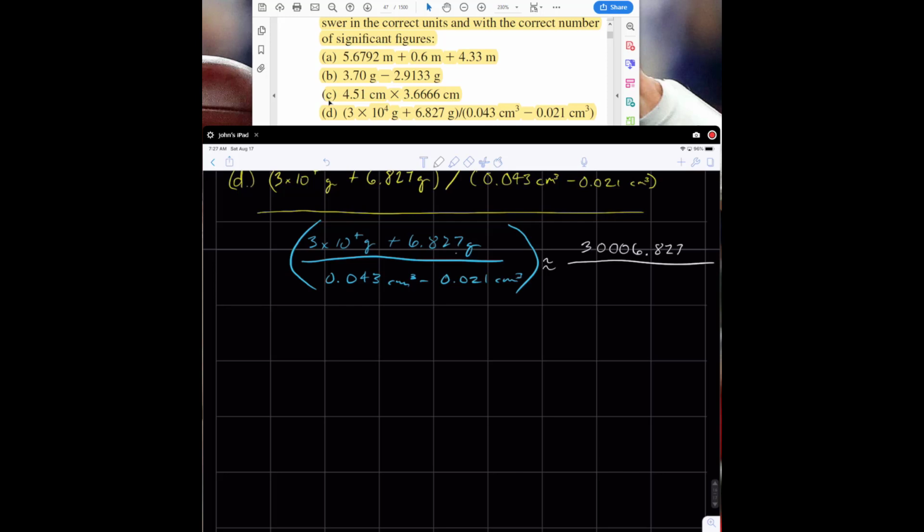And remember our units, grams. And then we have 0.043 minus 0.021, which gives us 0.022, and the units on the bottom here are centimeters cubed.